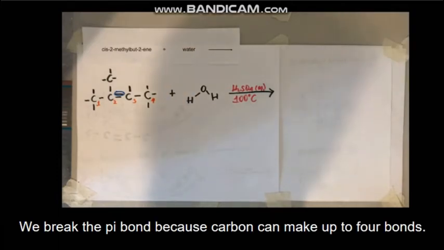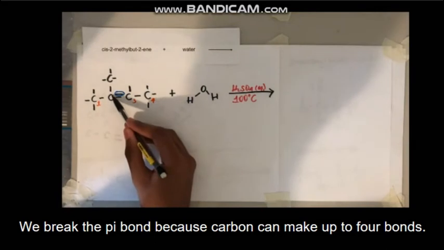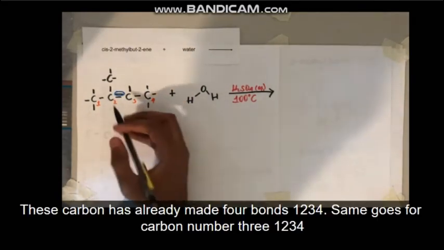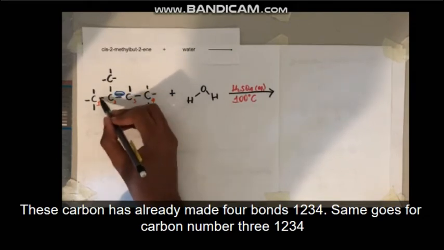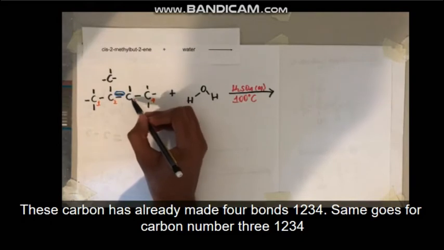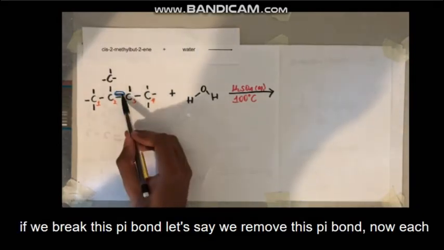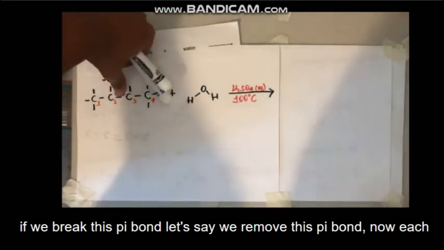We break the pi bond because carbon can make up to 4 bonds. This carbon has already made 4 bonds: 1, 2, 3, 4. Same goes for carbon number 3: 1, 2, 3, 4.